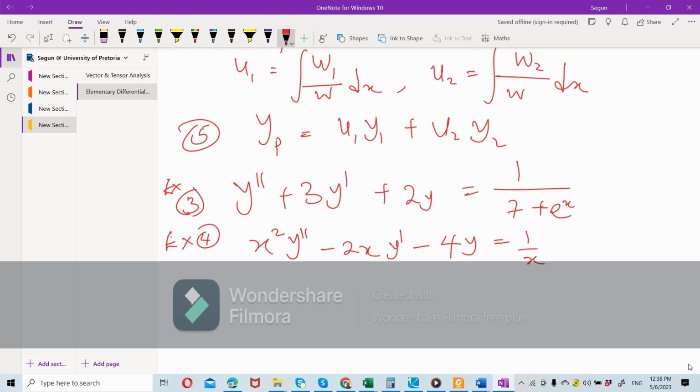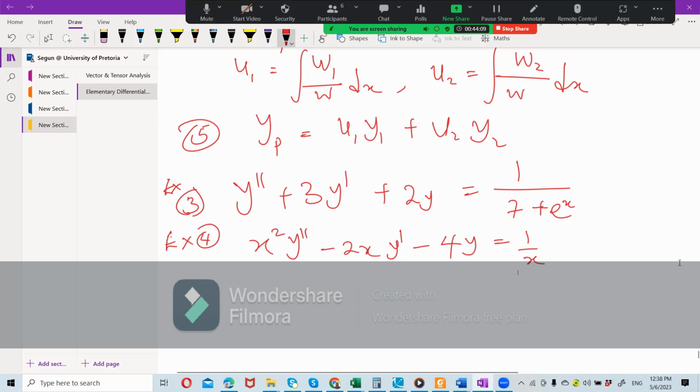So how do we resolve this one? We need to follow the method of solving it one after the other. Solution.